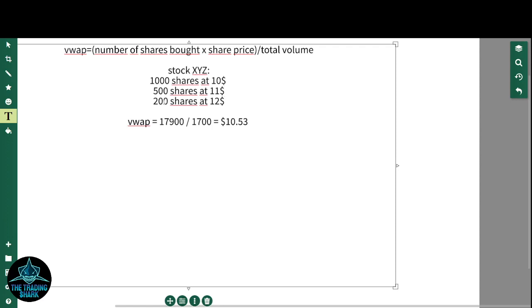Also, just a quick distinction between VWAP and moving averages, because people seem to mix them from time to time. I can see that on some chats. Definitely I can see people speaking about VWAP and moving averages as if they were the same, but they aren't.